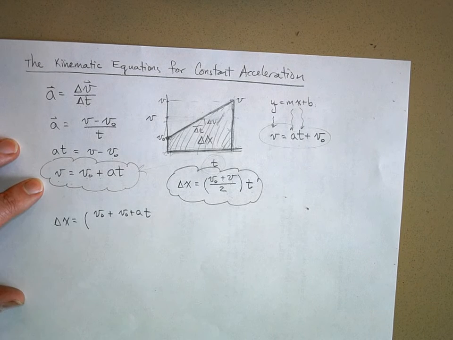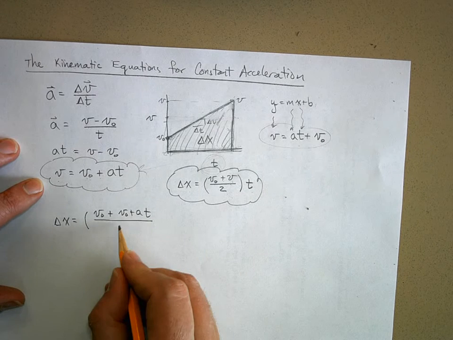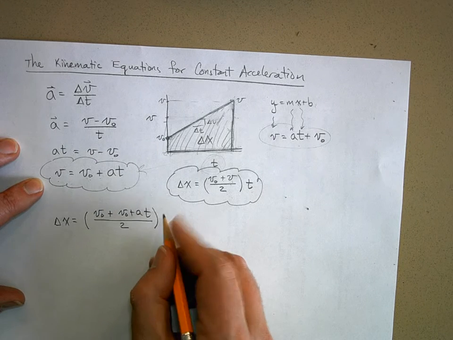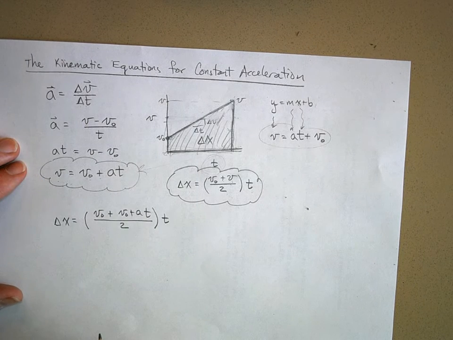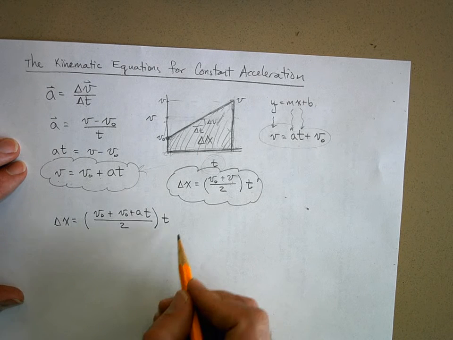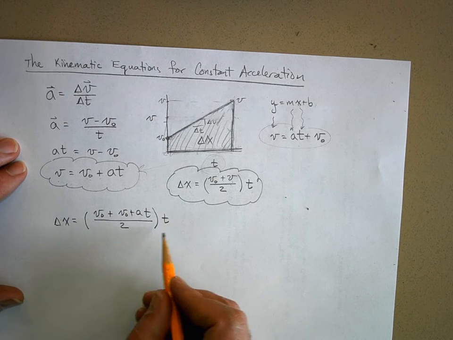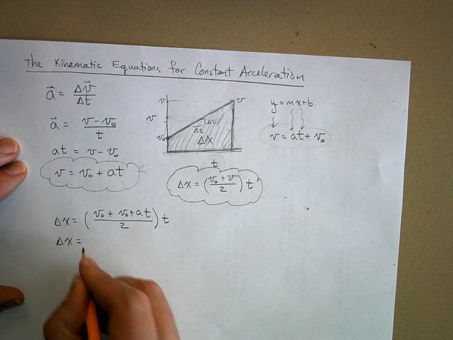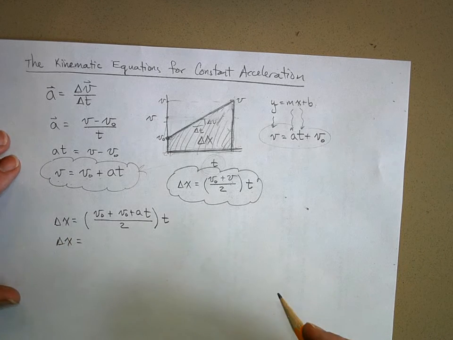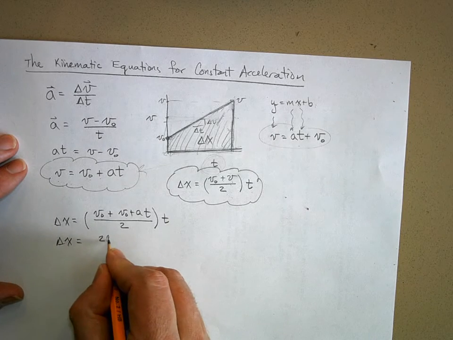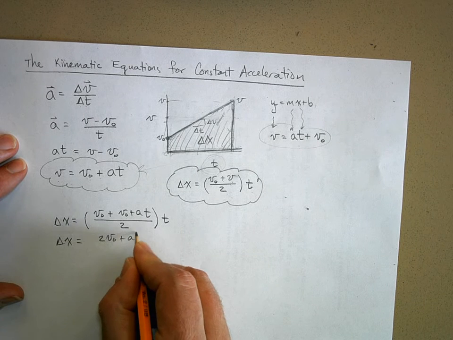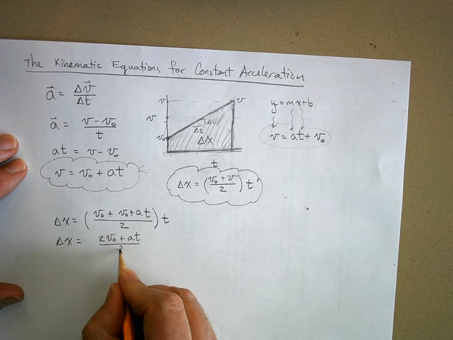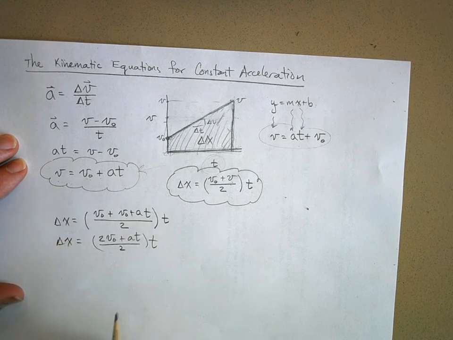So all I did was a substitution times time. Now all I'm going to do is clean this up. You can help me do this. What's v naught plus v naught? That would be 2 v naughts plus at divided by 2 times time.